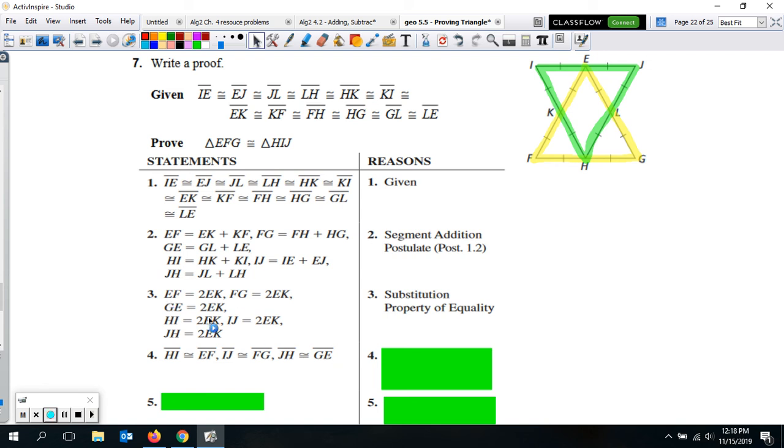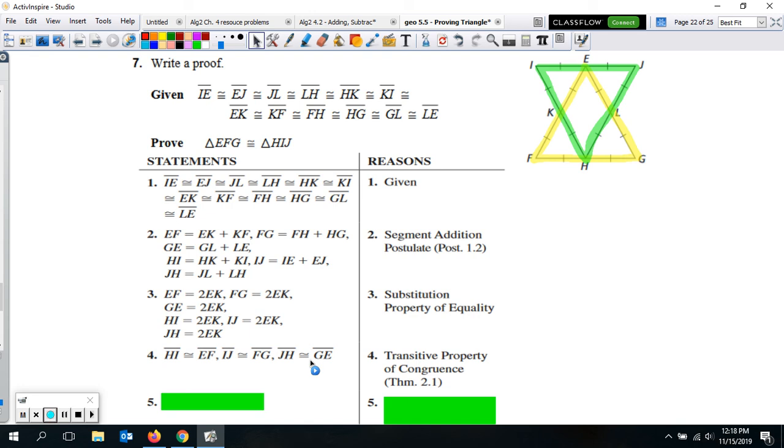And so then we went from here to here, so we have to figure out how did we go from here to here, and that was just the transitive property of congruence. So again, if this equals this, then that equals that. So obviously if EF is equal to 2 EK, FG is equal to 2 EK, then these two are equal to each other. You can use that with HI and EF. We did that with these two guys right here, putting those congruent. Just transitive property for each one, basically.